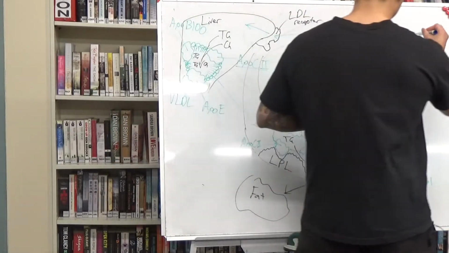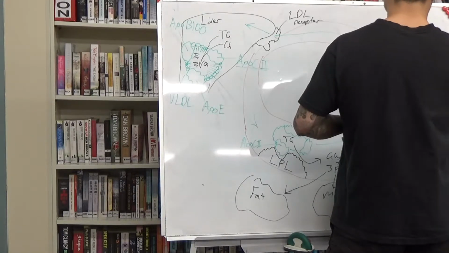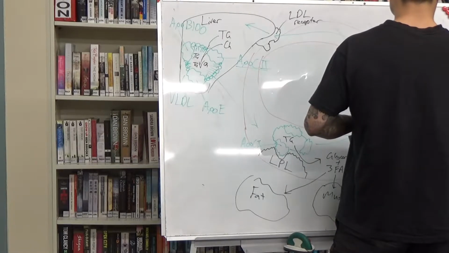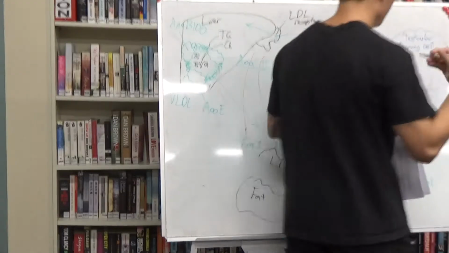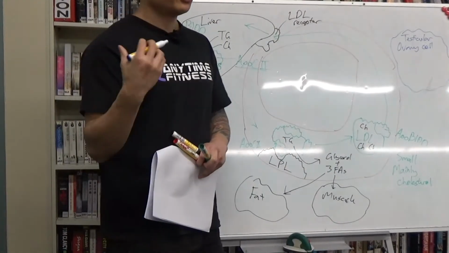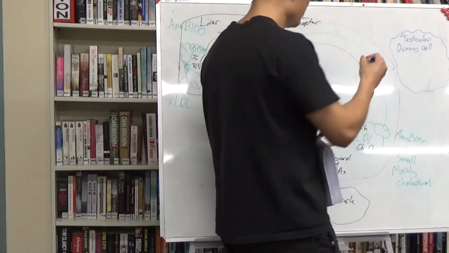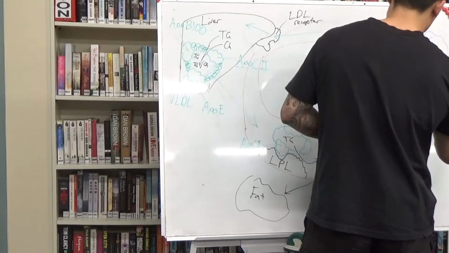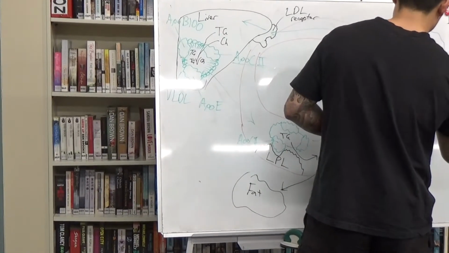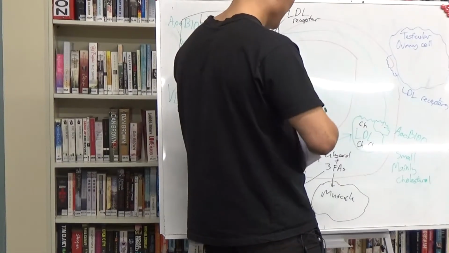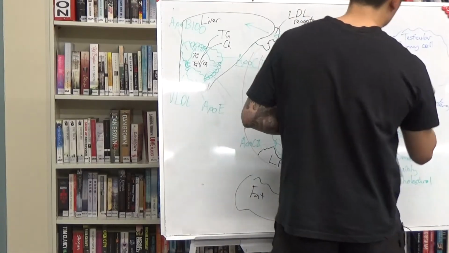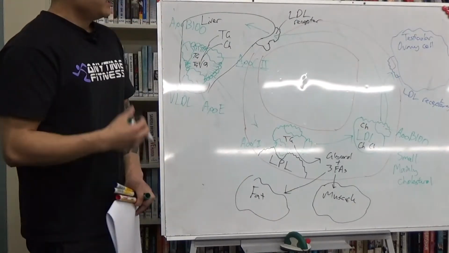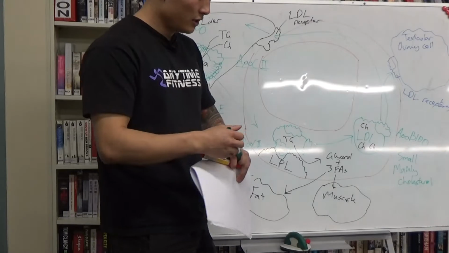So if you've got, let's say, a testicular cell or an ovary cell, they're going to want cholesterol in order to make their steroid hormones. So they will also have LDL receptors. So these LDL receptors can bind to the LDL molecules, the ApoB100, and then they can take up that cholesterol.